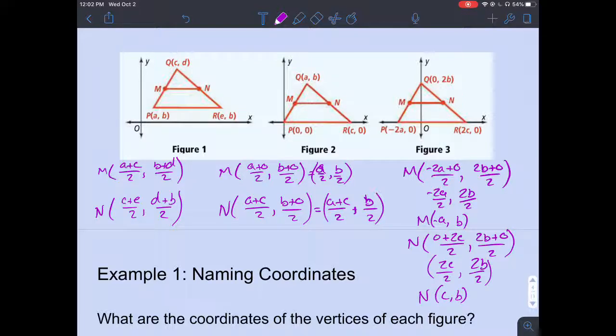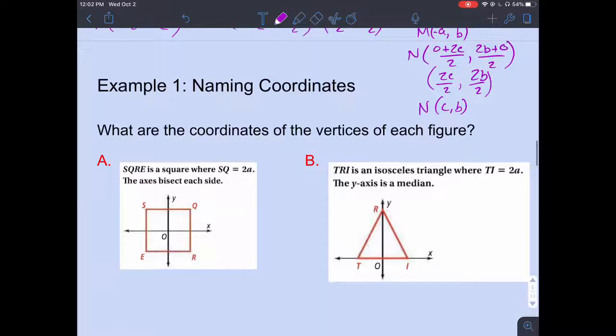So in each of these cases, we were able to find the midpoint and get a much easier, cleaner looking coordinate. So let's take a look at our first example.